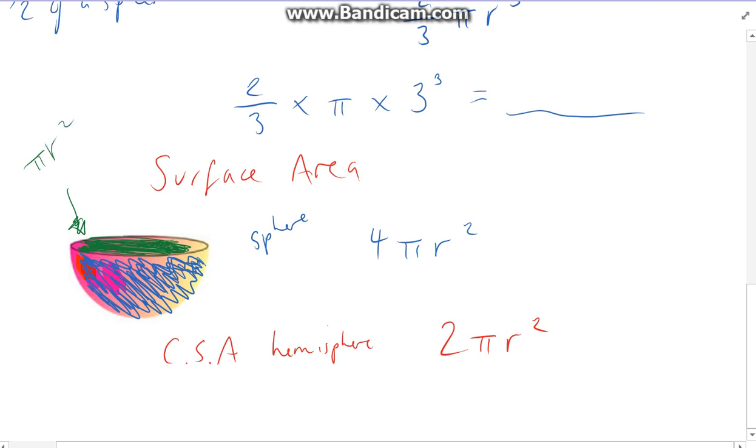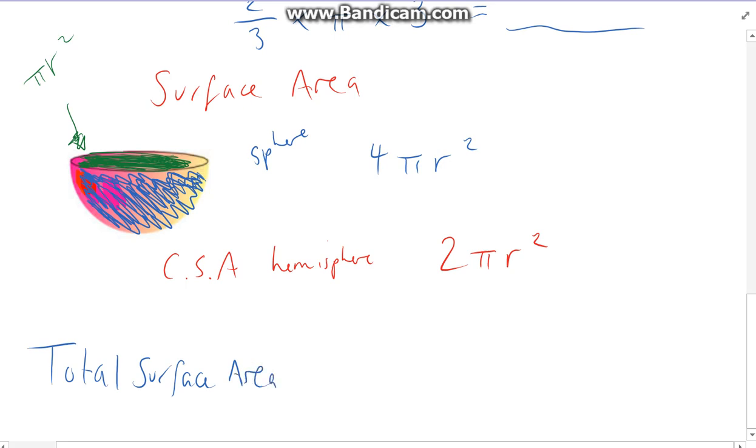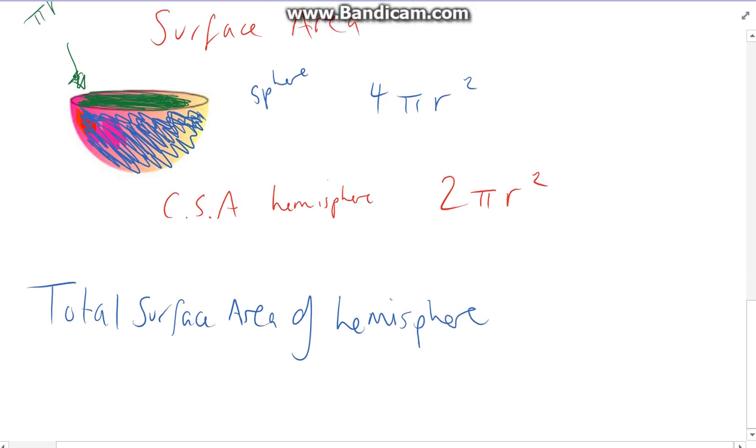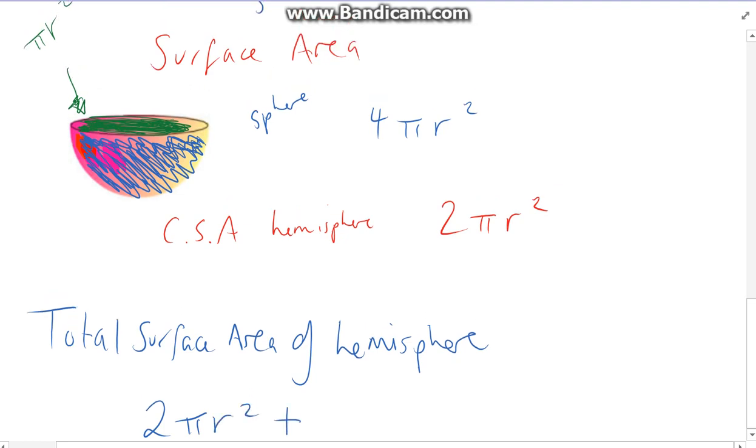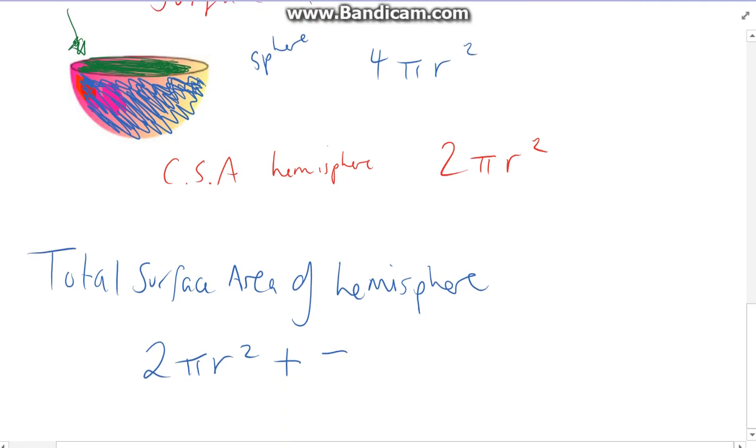So if they ask us for the total surface area of a hemisphere, we would have the curved part, so 2 pi r squared, plus the flat part, which is a circle in this case, which is pi r squared.